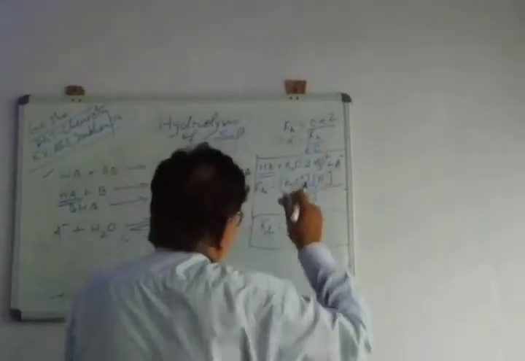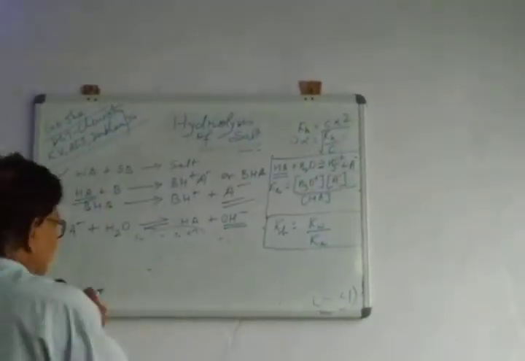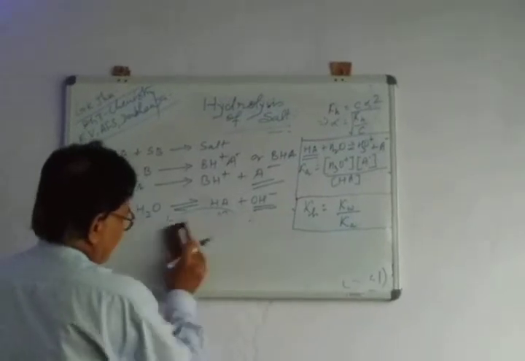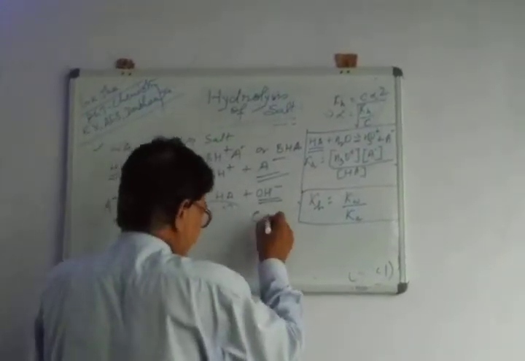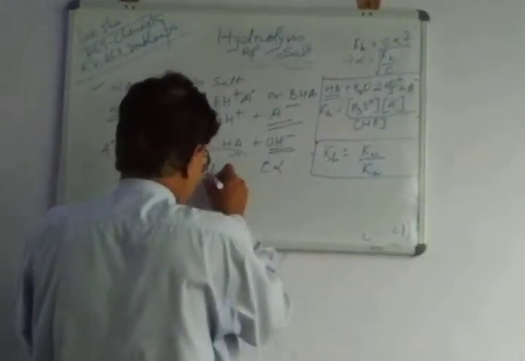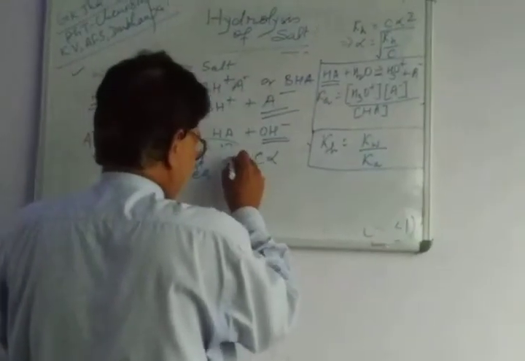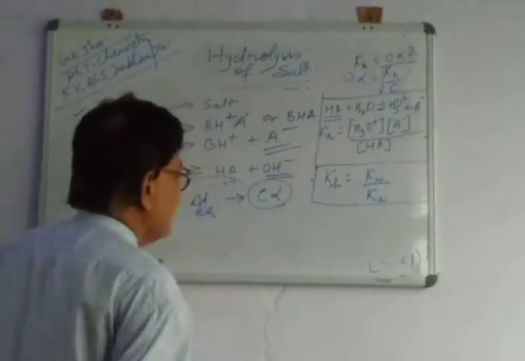Here, what we can write, now check here, for this OH minus ion at equilibrium, the concentration is C alpha.